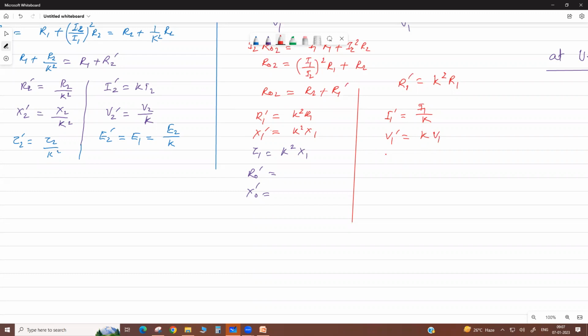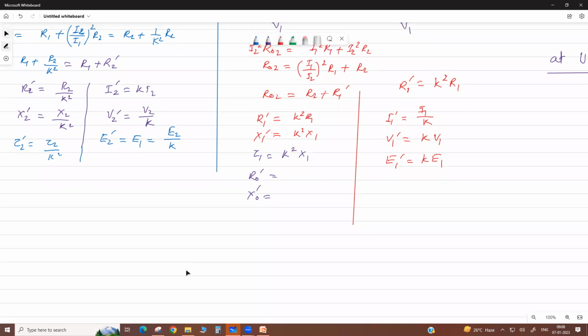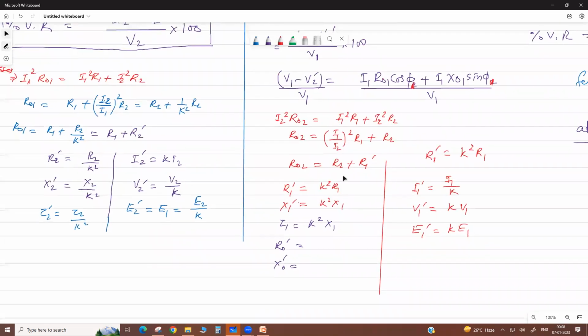E1 dash also equals K E1. It is just the opposite of this. From one side you remember, the other side is the mirror image, opposite you do.